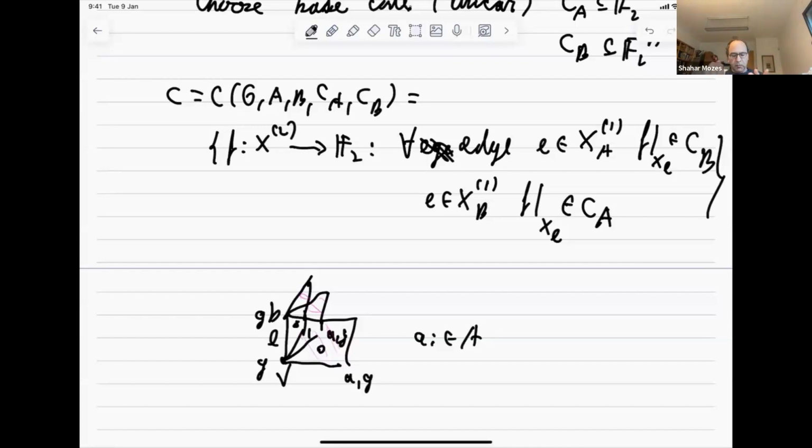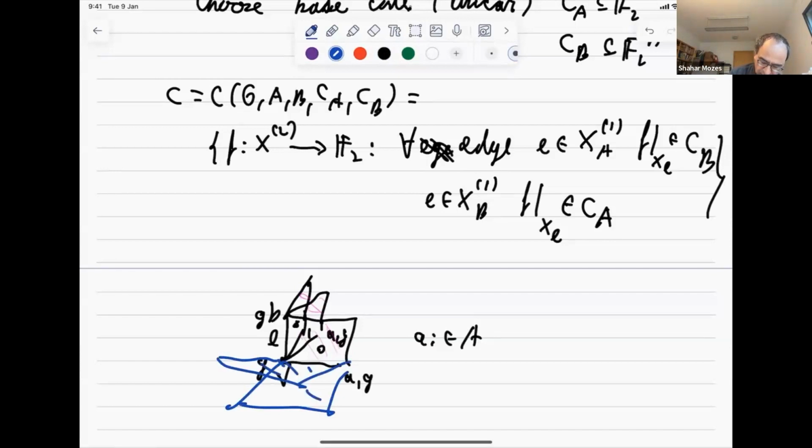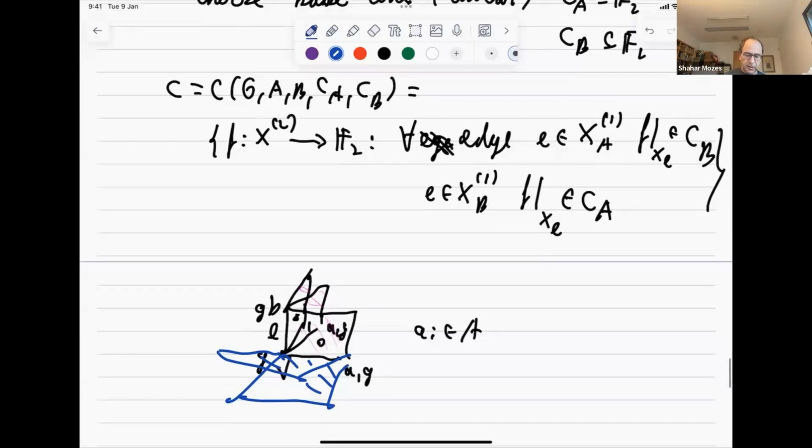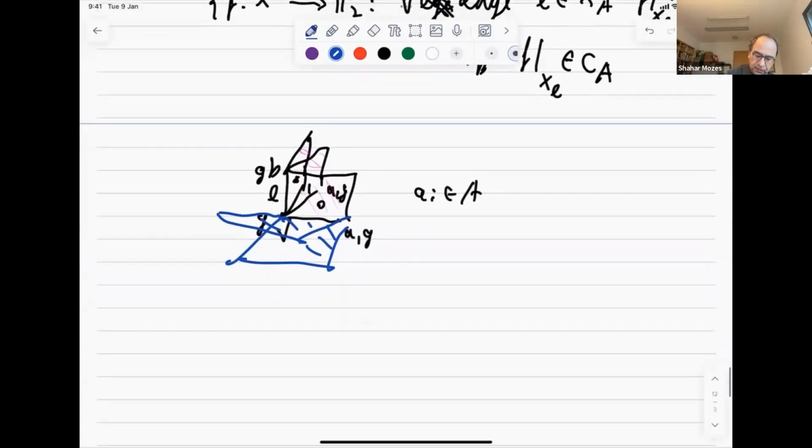You get some word in 0s and 1s, and you want this word to belong to the code CB, and vice versa when you change color and look at all the squares glued to a horizontal edge. So this is a local condition, the type of condition that we want to be satisfied.